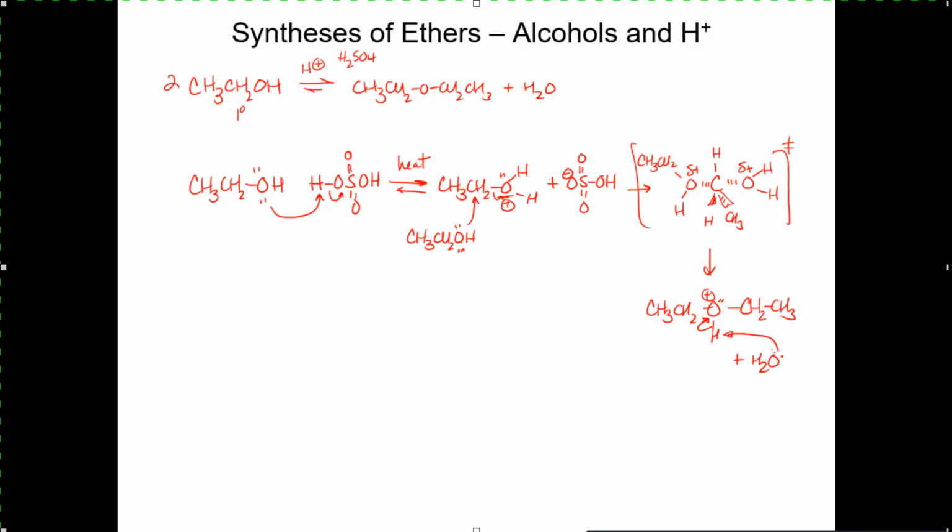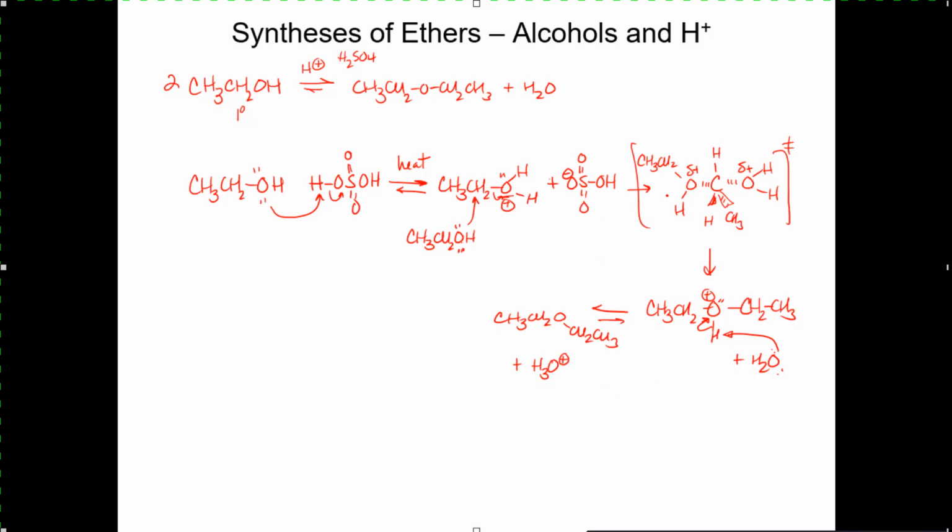The water is going to catch that H plus, so that I'm going to end up with my diethyl ether and my H3O plus. You could also have the hydrogen sulfate, HSO4 minus, catching this H plus as well.